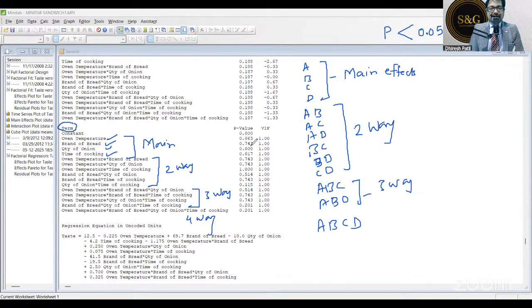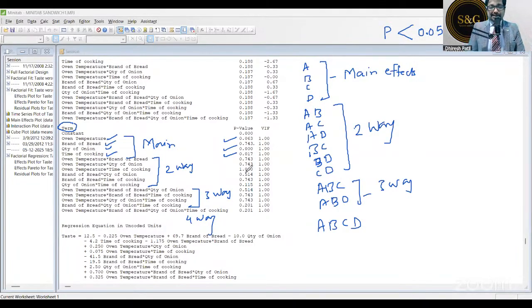Okay. Second factor is brand of bread, which is 0.743, which is not significant. Third factor is quantity of onion, 0.000, which is significant. Fourth factor is time of cooking, 0.017, which is significant. So only two factors are significant, and the first factor is a little close to significant. Okay. Rest, if you see, all the factors, none of them are significant.